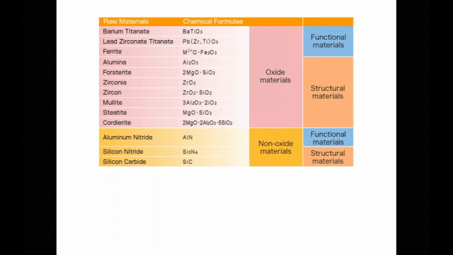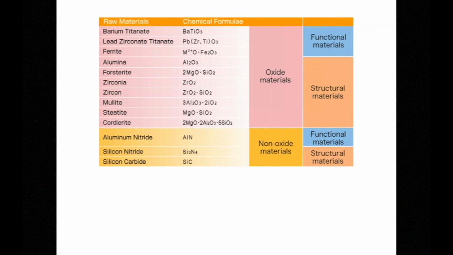Here are examples of several raw materials based on their classification as oxide or non-oxide based materials. Oxide materials, of course, are the simplest to look at, such as metal oxides, alumina, or other types of transition metal oxide materials.